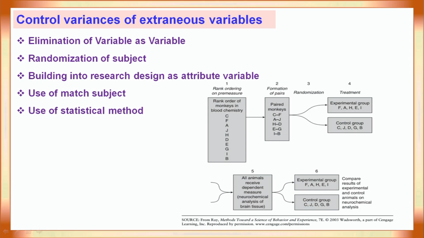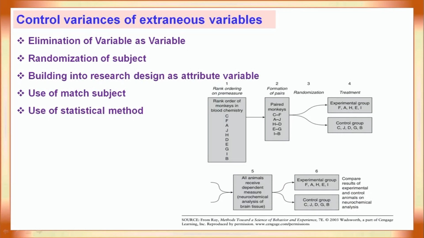As I was giving the example of age, or maybe gender that may affect achievement, or the intelligence level that may affect achievement, you take this intelligence level as a part of your research. You include the intelligence level as an independent variable in your research, but not as an active variable; it should be included as an attribute variable.